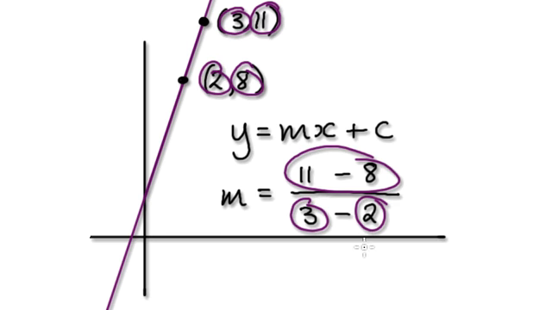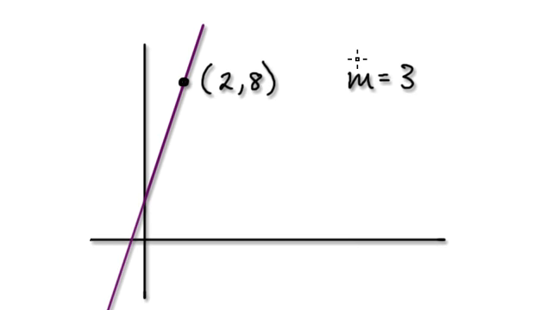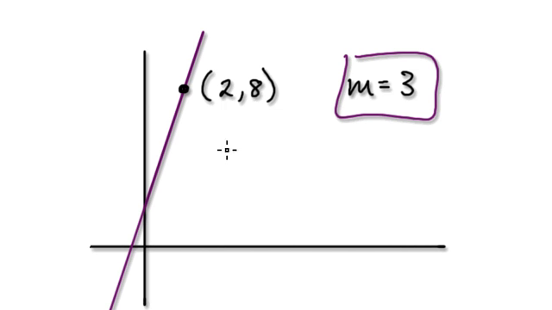And then if you look at the situation here, we've been given the gradient, and we know it passes through one particular point. Well, here the gradient's 3, and let's just say one particular point could be any point on the line. Let's just say it passes through (x, y), any point on that line.